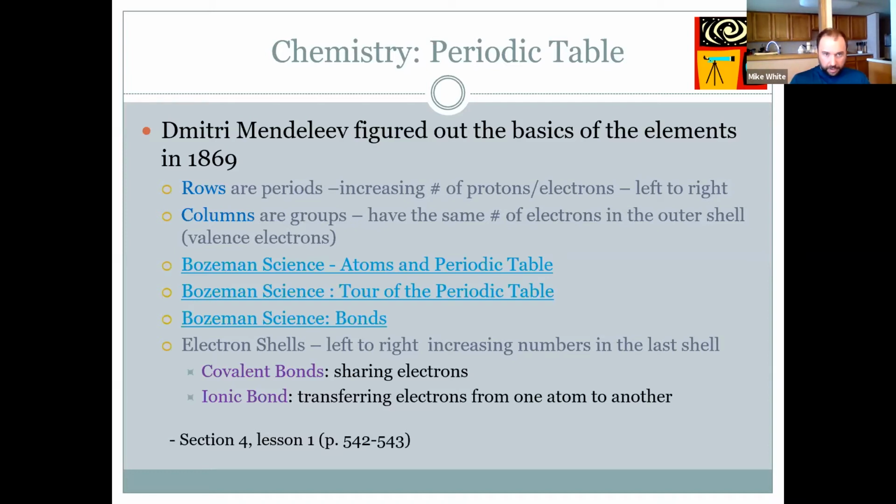Essentially, the periodic table is organized in rows and columns, and those are basically all of the different elements that exist in our known universe, elements that we've discovered. There's more out there, I'm sure, but in terms of elements we've discovered, they're all listed there on the periodic table.